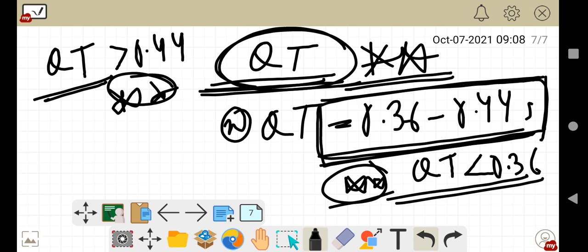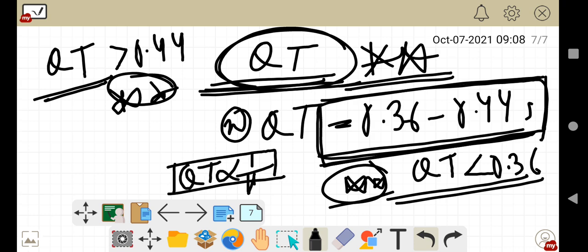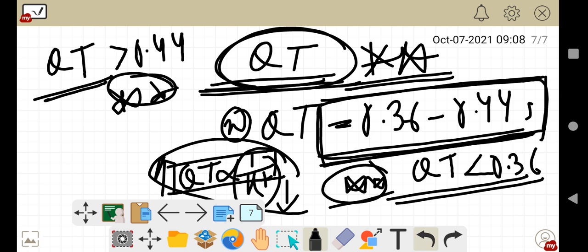Actually I have a dictum, not true for everything, but you can remember it: QT is inversely proportional to potassium. It's so important that if potassium reduces, QT will be prolonged. But remember, this is not true for every case, but for the majority of scenarios like that, if potassium reduces, QT will be prolonged.